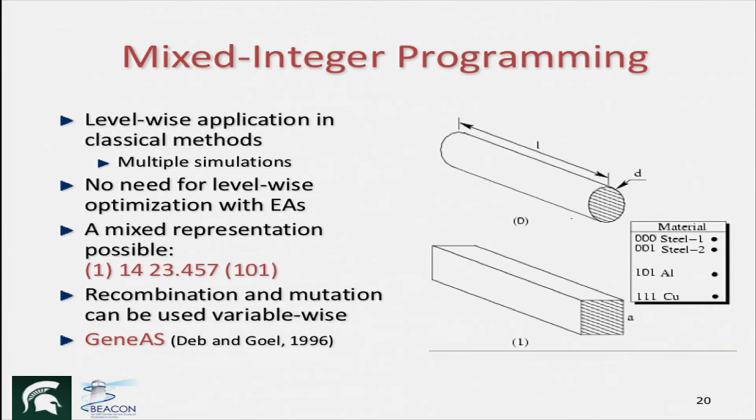Okay. This kind of framework now with the SBX and polynomial mutation, we have a real coded GA and we have a binary coded GA, is really very ideal for you to now put them in a combination to solve mixed integer programming problems. So let's say I've got an engineering design problem. Some of you in mechanical and civil would know this, is that if you have a beam or a bar or whatever you have here, you can be very flexible now.